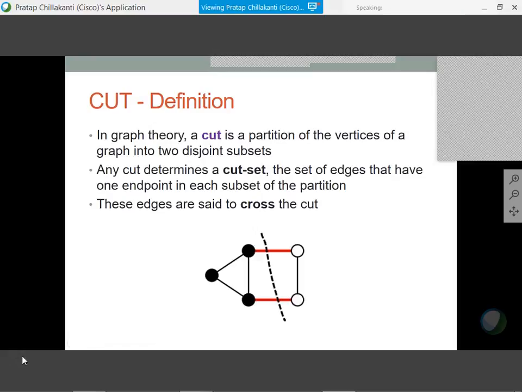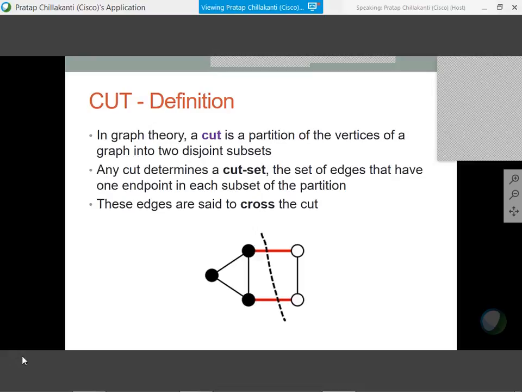Let me jump to an example so that it will become clear. So what is a cut actually? A cut is a partition. That means you're cutting the graph. So a cut is a partition of the vertices. Number two, it is basically cutting the graph into two disjoint subsets of vertices. Ultimately, the graph has all the vertices.